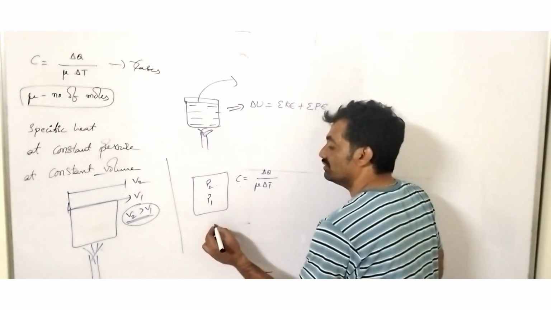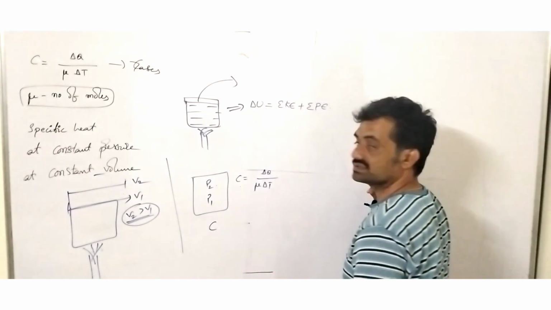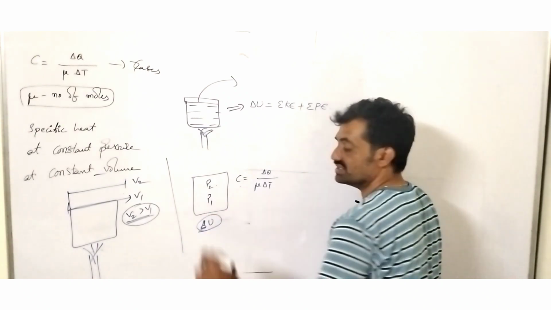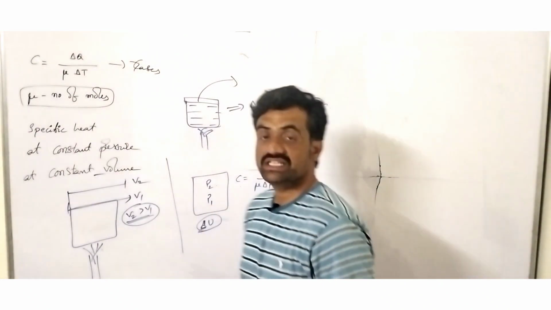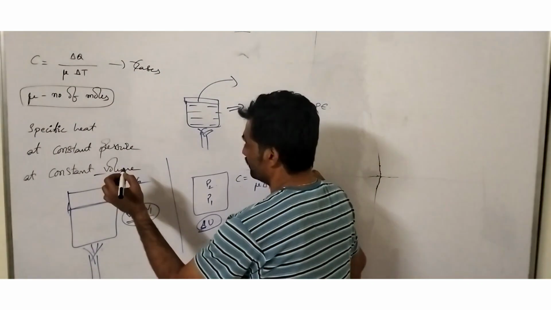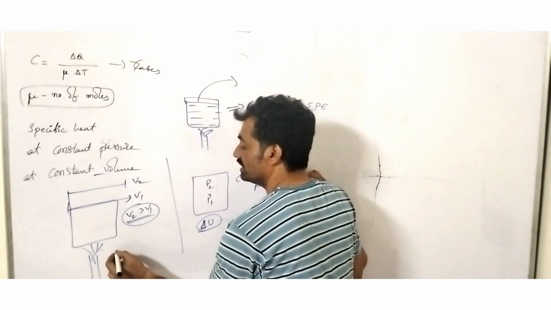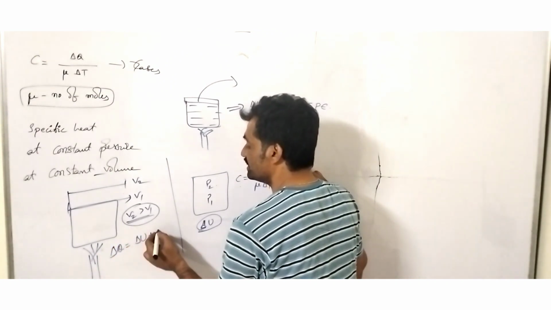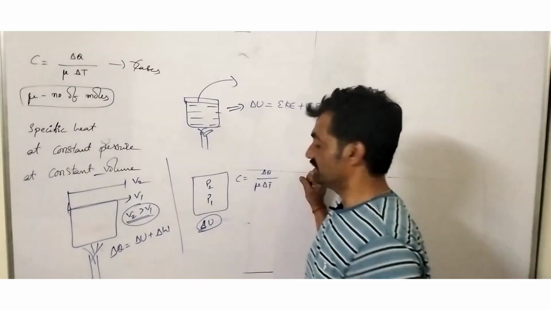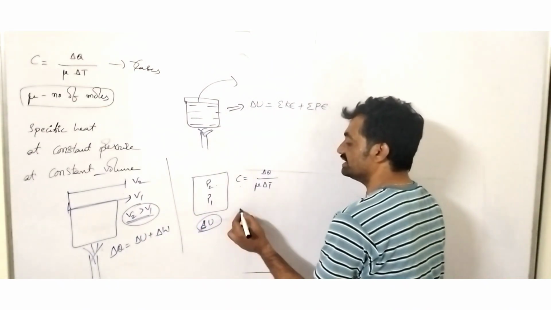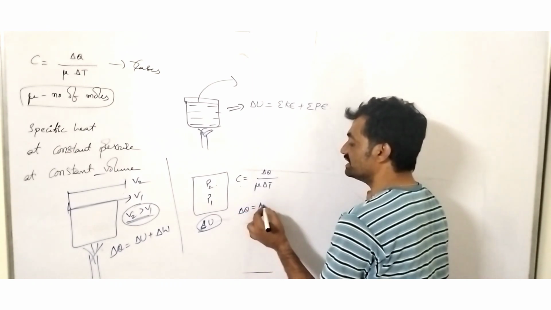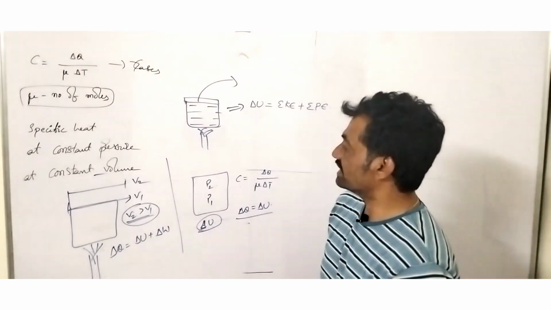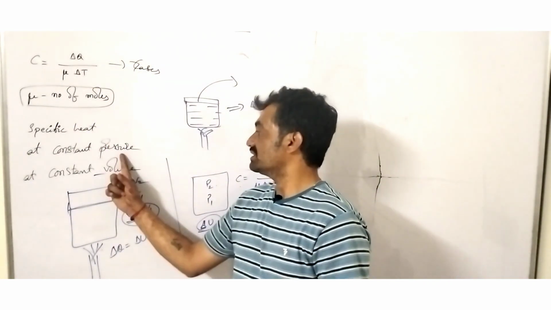Whereas in this condition, only internal energy changes. In the case of specific heat at constant pressure, the amount of heat supplied is utilized to increase its internal energy as well as to do external work. In the constant volume case, the amount of heat supplied is utilized completely to increase its internal energy itself.